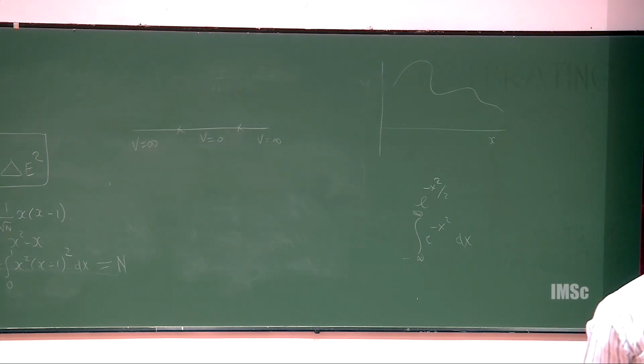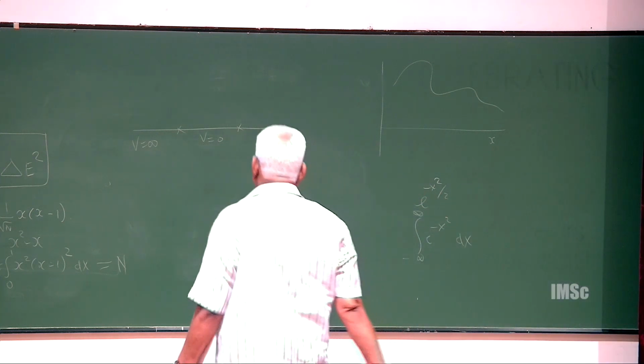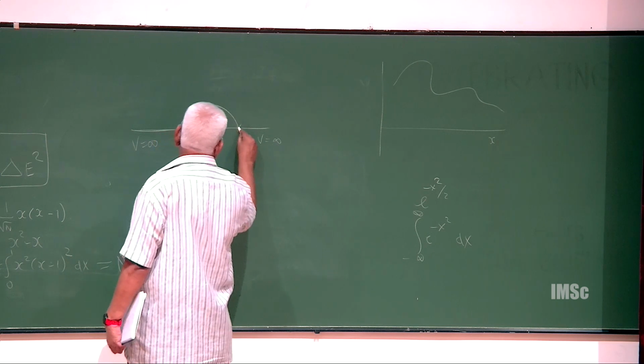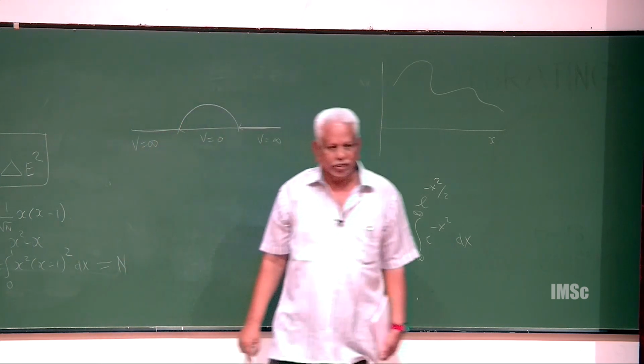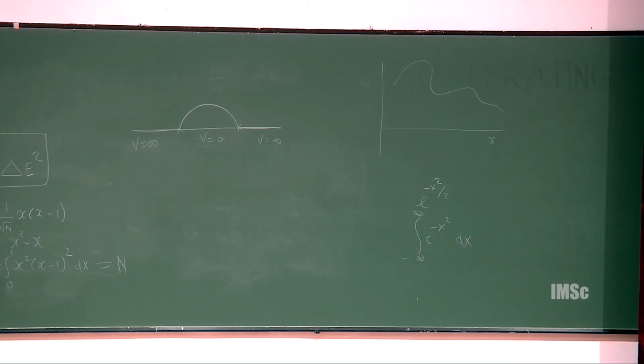My function psi of x is a continuous function, right? There is a subtle thing here. This function is 0 here, it may be like this and like this, right? That is a continuous function. There is a continuity there, okay? But it is not a smooth function.